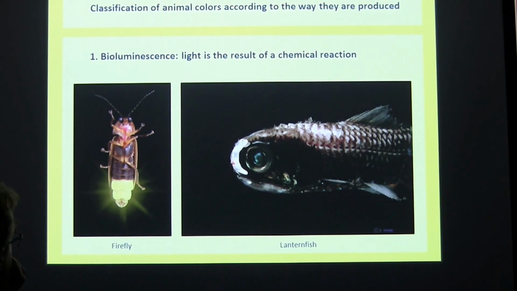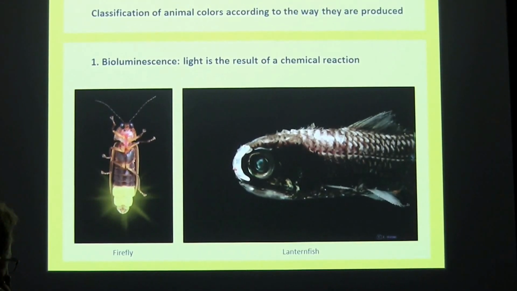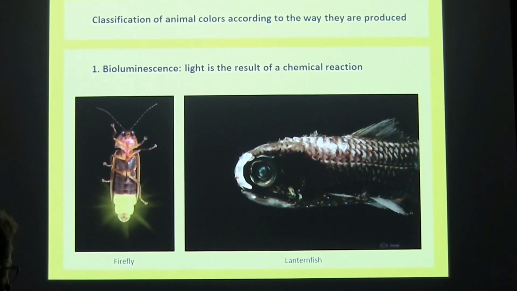Animal colors can be classified in different types according to the way they are produced. For example, we have bioluminescence, in which light is the result of a chemical reaction. It is relatively rare in terrestrial environments, but more common in marine animals. Here I show two examples, the firefly and the lanternfish.